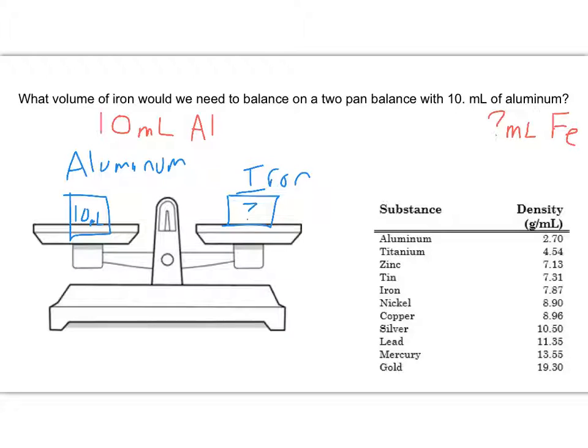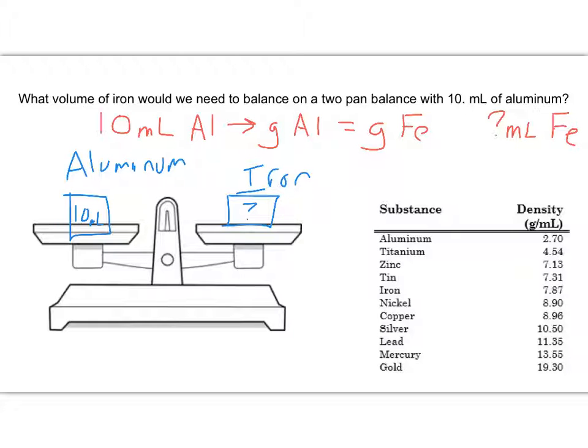So to figure that out, first step is, well, we know that the aluminum and iron have to weigh the same amount. So we can convert volume of aluminum to the grams of aluminum. And we know that however many grams of aluminum, it's going to be the same number of grams of iron.